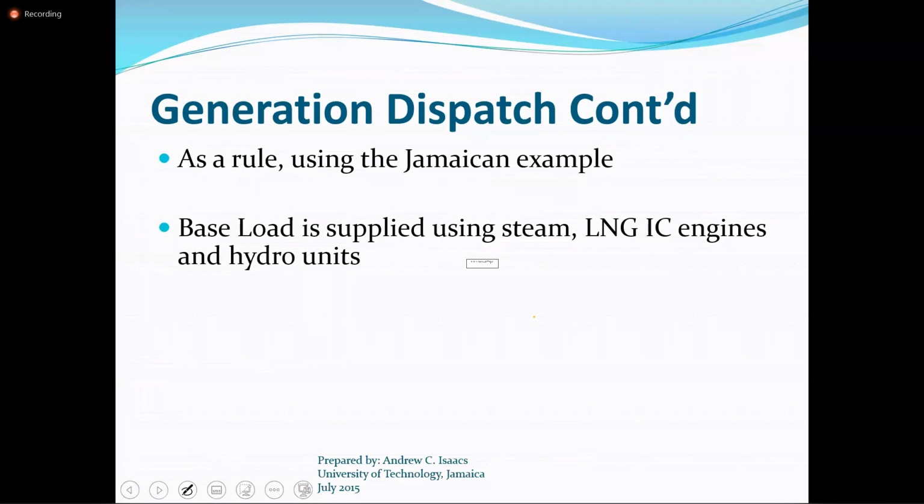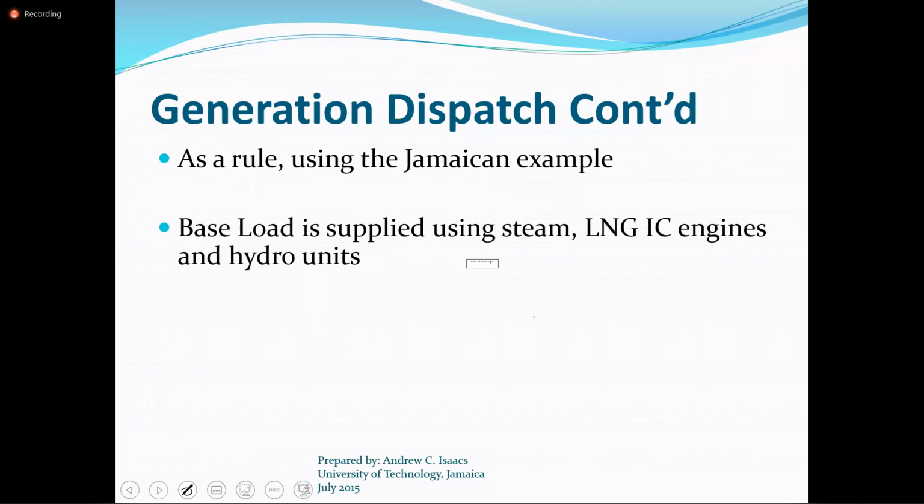And I've also indicated your hydro units, because the hydro units that we use in Jamaica at present are what we refer to as run of the river units. In other jurisdictions where hydro is used, in many instances, it is used as a peak generator because it uses what we refer to as pumped storage or high dammed storage.